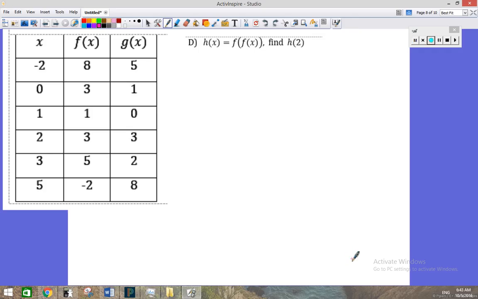Here we have another function. They just happen to all keep calling it h. It's f composed with itself, and if we evaluate h at 2, that is the composition of f evaluated at f of 2.